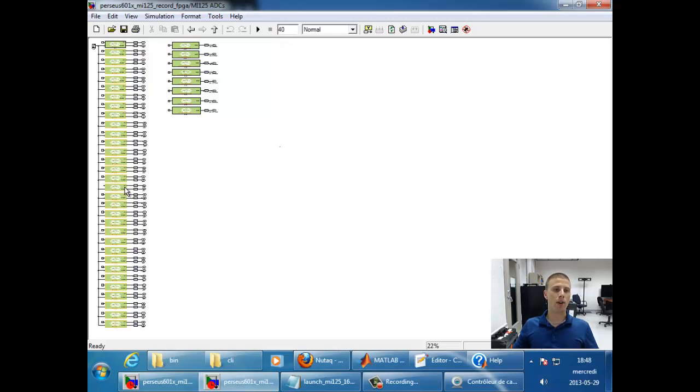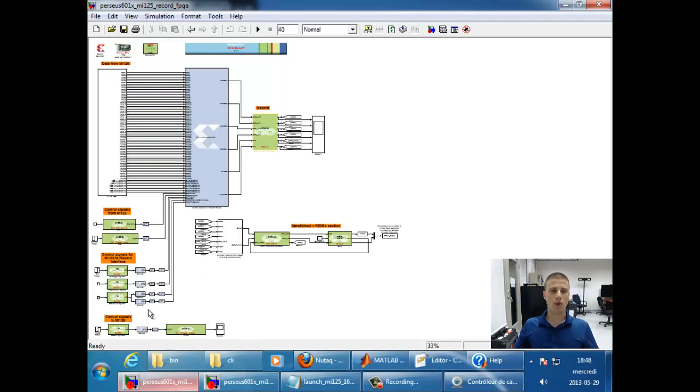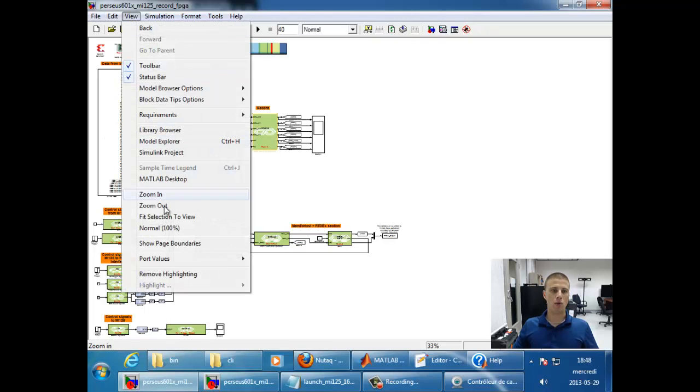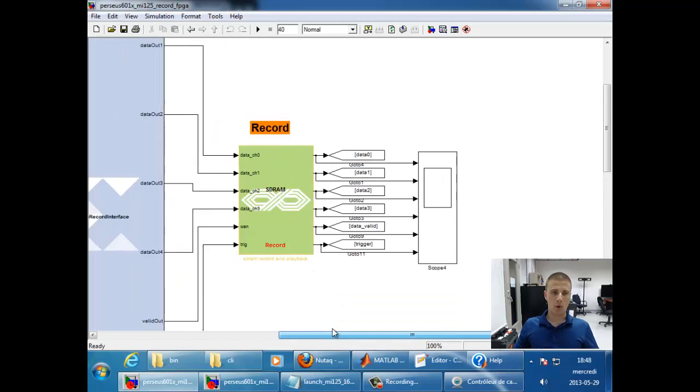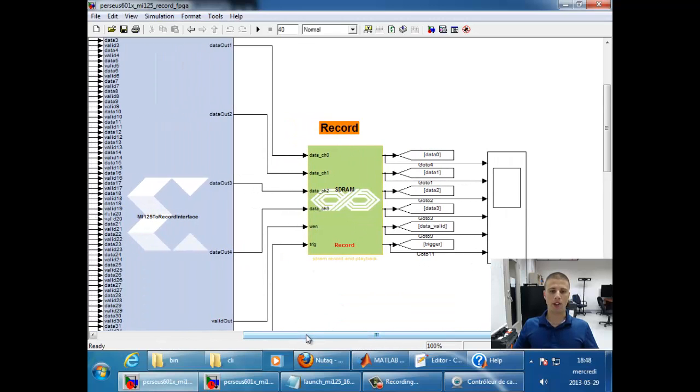Each of them corresponds to one channel of the MI125 card, and each of those channels is in this case rerouted to the SDRAM. Let me zoom in a bit here. To the SDRAM record block that's going to allow us to record the data in the Perseus DDR3 RAM memory.